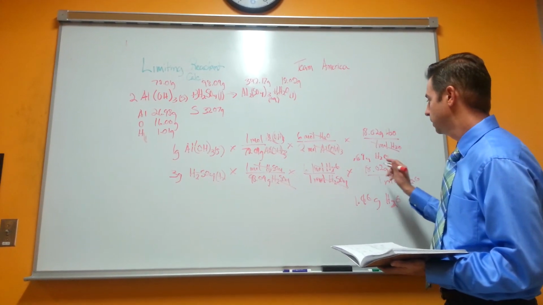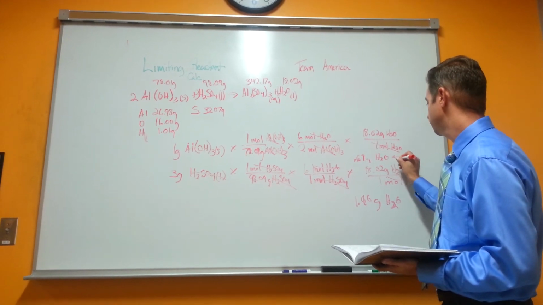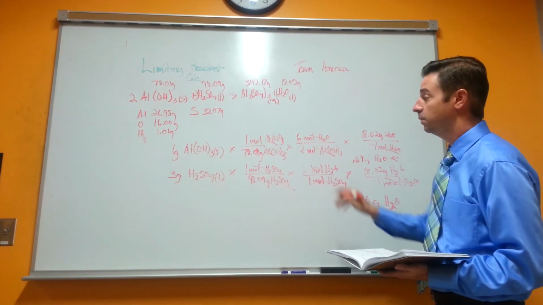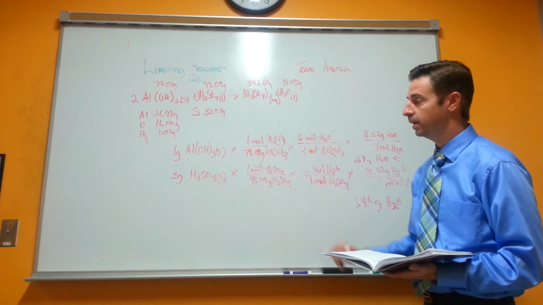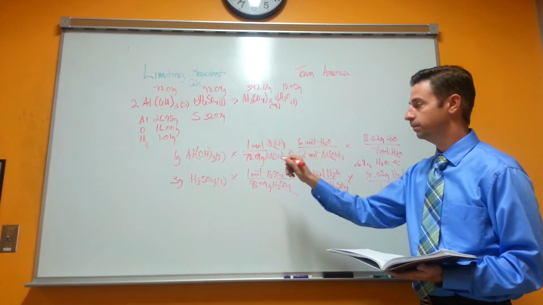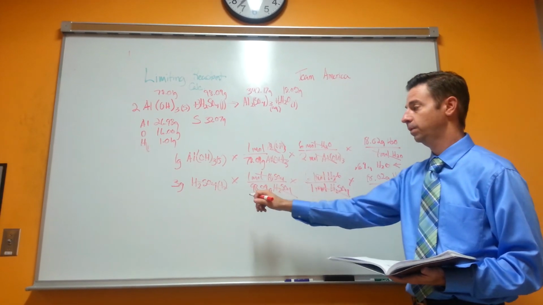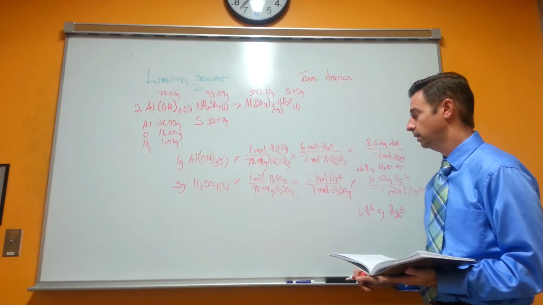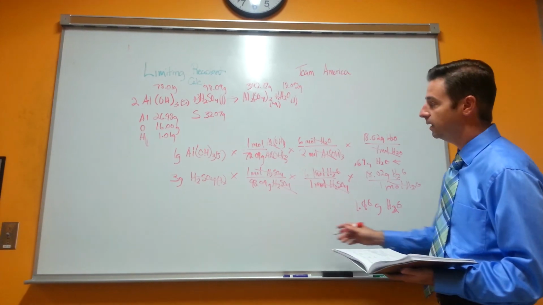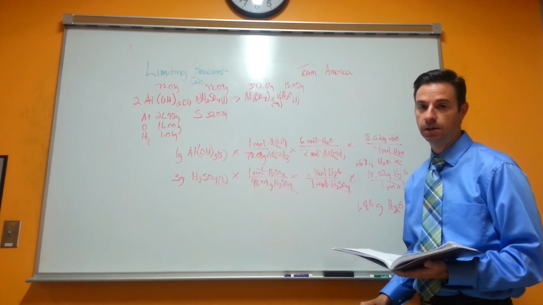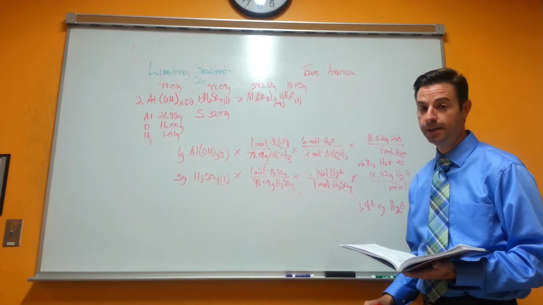And so in this case, because the smallest amount that can be produced comes from the aluminum hydroxide, the aluminum hydroxide would be used up first, before the 3 grams of the sulfuric acid. So in this case, aluminum hydroxide is our limiting reactant. All right? Thanks, guys.